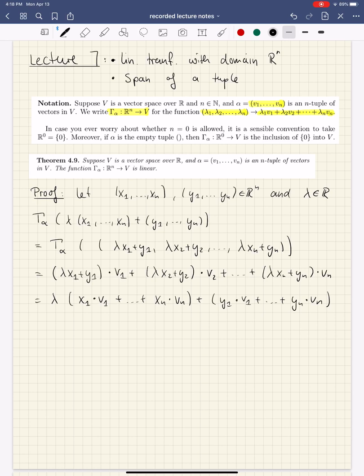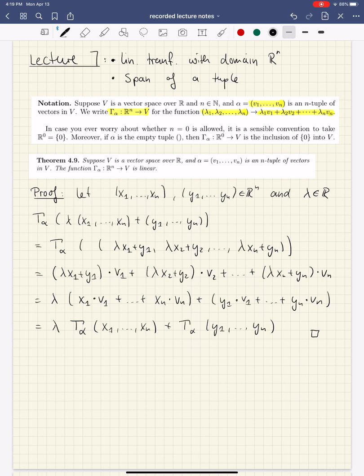So it's just about regrouping, and then we'll see that this is actually lambda gamma alpha of x1 through xn plus gamma alpha of y1 through yn, and this is precisely what we wanted. So this ends the proof.